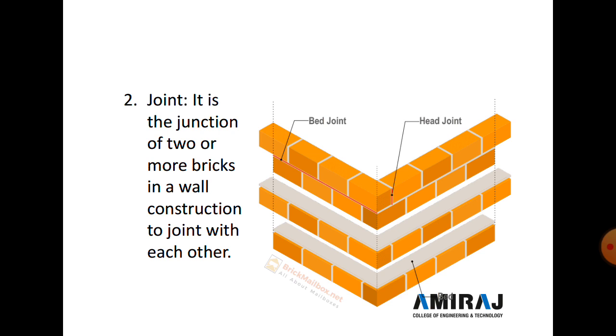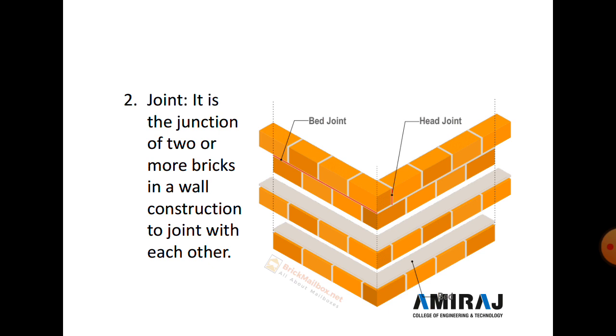Now the next definition is joint. It is the junction of two or more bricks in a wall construction, joined with each other, and is called a joint. There are two types of joint, head joint and bed joint. What is a head joint?